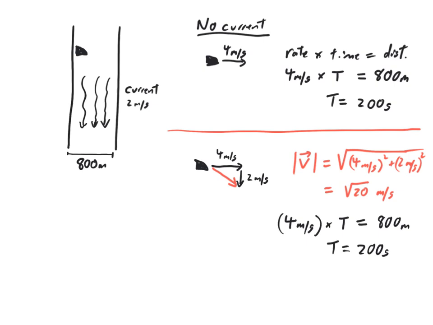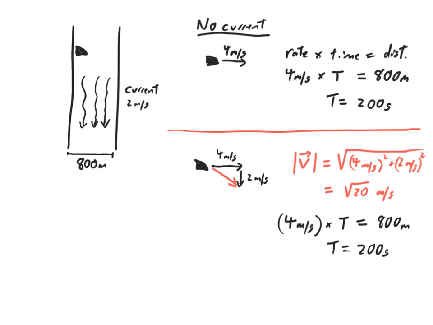Notice that's exactly the same result as when there was no current. Again, the way you should think about this is that the motor on the boat is trying to send the boat this way. Meanwhile, as it's moving this way, the current's causing it to drift southwards. But that downward drift doesn't affect this piece of the motion here. So it's still moving across horizontally at 4 meters per second, just as if the current wasn't there.